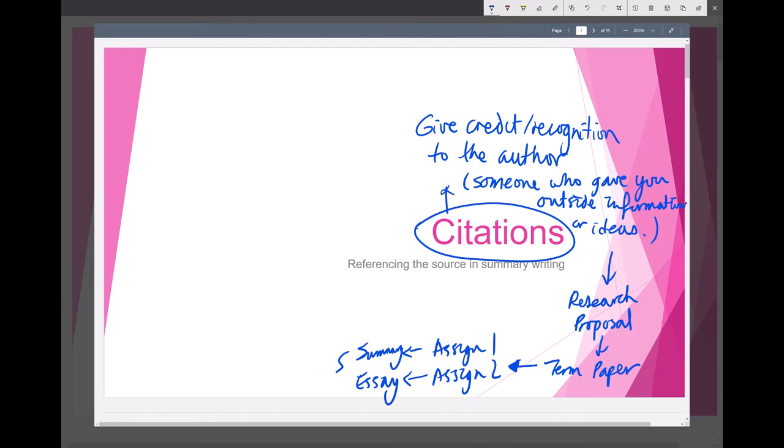So now we're going to apply this to big term papers in every course that you're going to do after this that needs essay writing. So whether it's argumentative essay or research essay, you are going to be citing outside information.